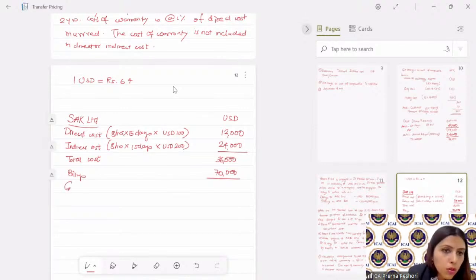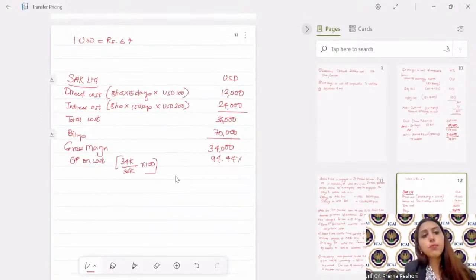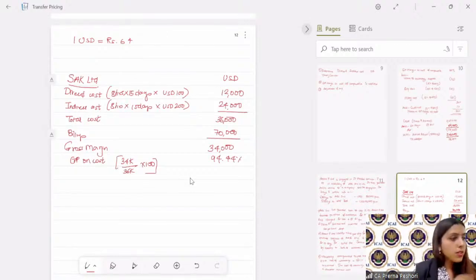So my gross margin is basically 34,000 and GP on cost comes to 94.44%, right? So 34,000 divided by 36,000 into 100. Isn't it? So this will give me the normal gross profit margin on the cost.